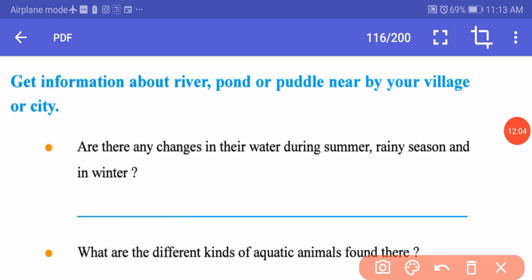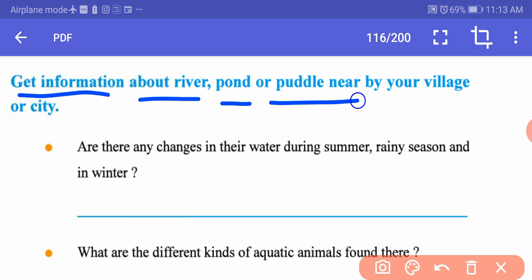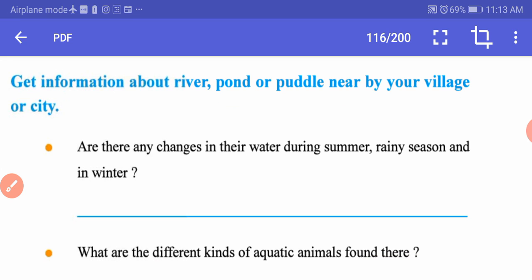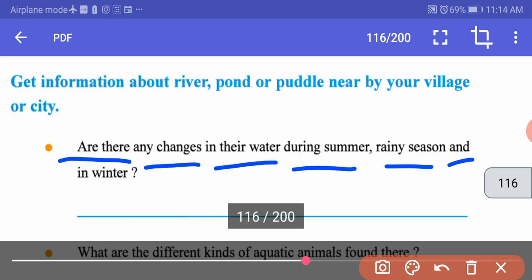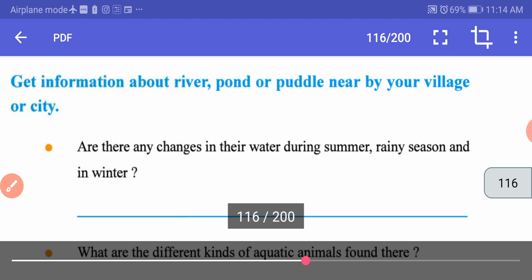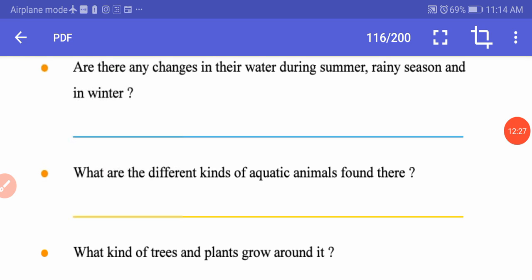Now here is the next question. Get information about river, pond or puddle nearby your village or city. Now, are there any changes in their water during summer, rainy season and in winter? So let your answer be over here.